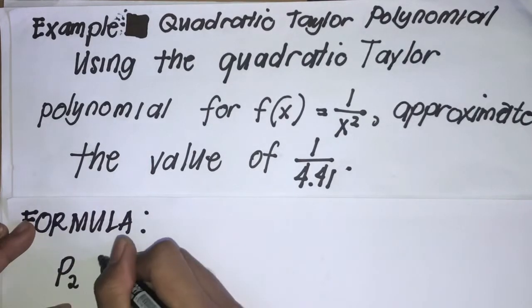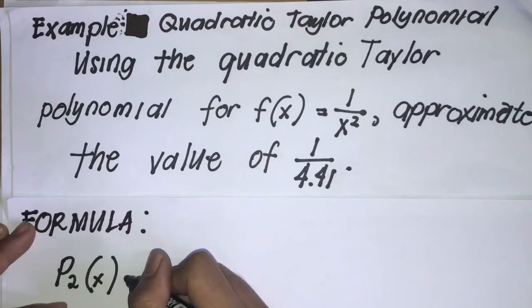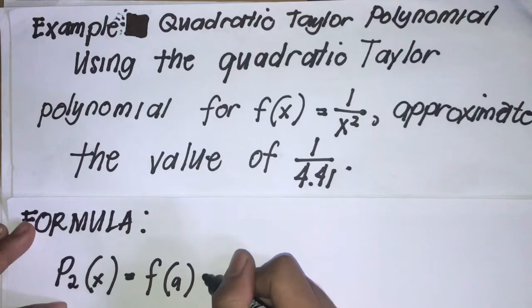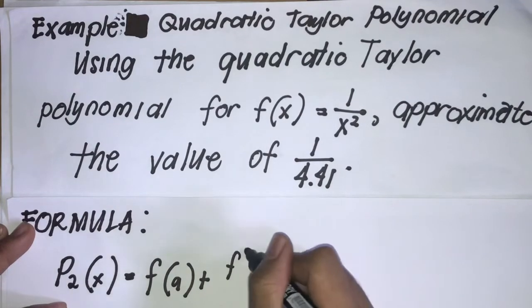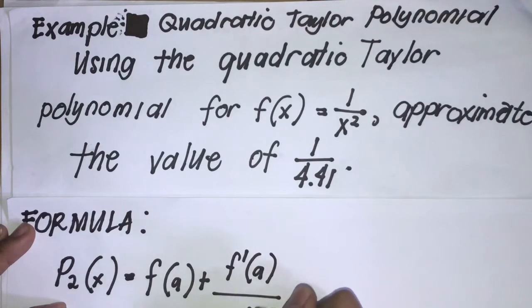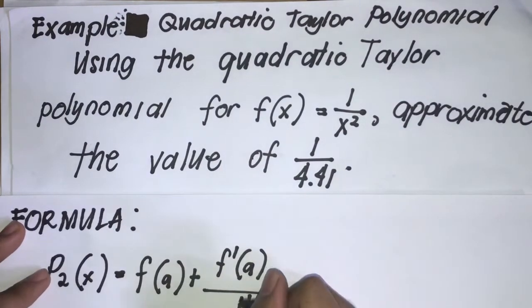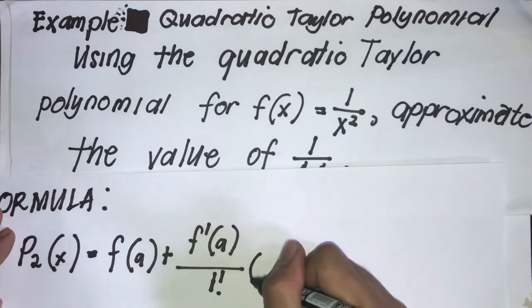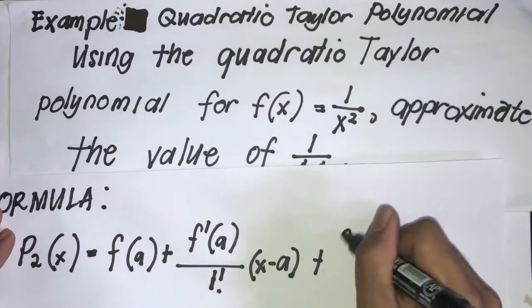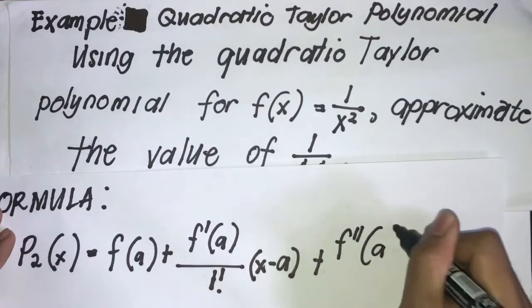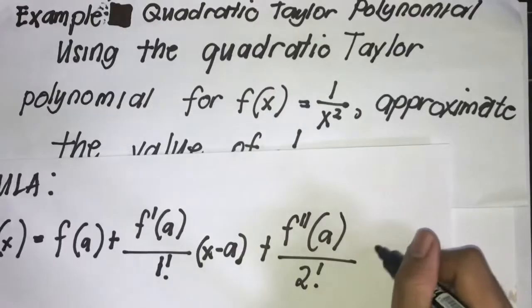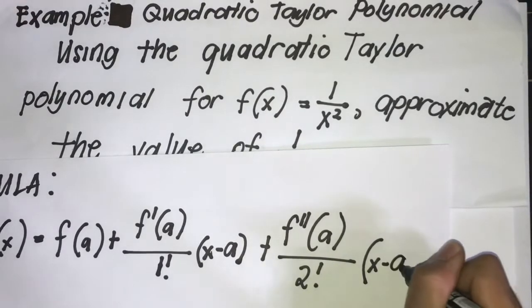That's going to be p subscript 2 of x is equal to f of a plus the first derivative of a over 1 factorial times the quantity x minus a, plus the second derivative of a over 2 factorial times the quantity x minus a squared.